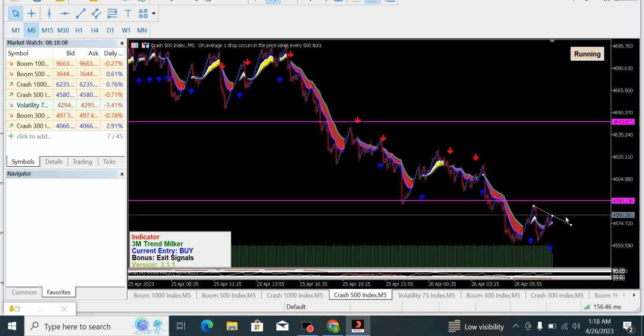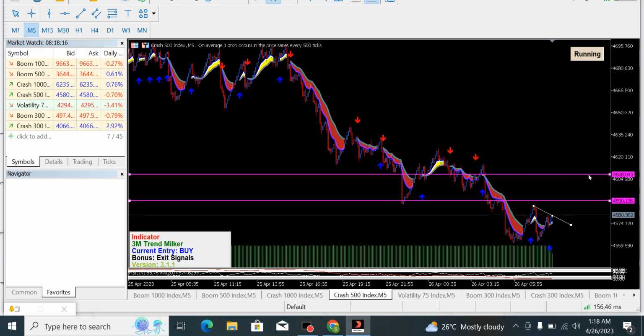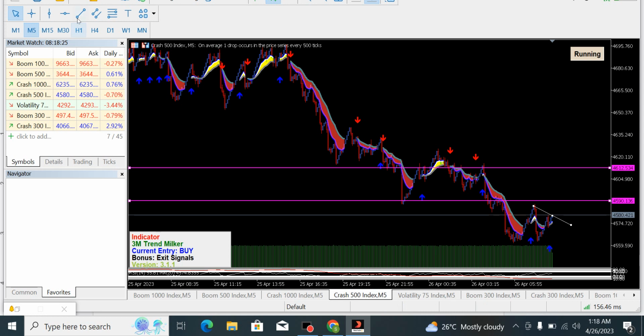If it buys more, then we should be expecting the first TP somewhere here and the second TP around here. Let's put it around here, the second TP around here, then the third TP somewhere here.